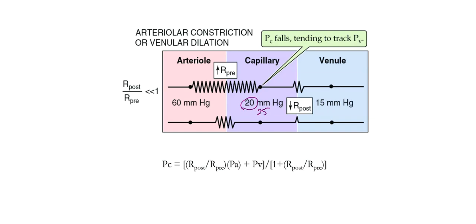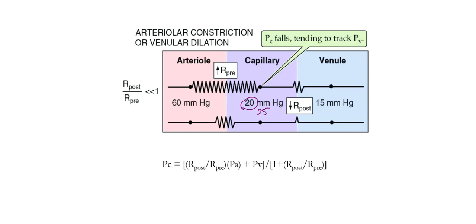If you were to ramp that up, that means that that blood entering the arterioles is going to pass through a bigger resistor, which means you're going to have a larger pressure drop. The pressure of the blood arriving at the capillaries is now going to be lower and more similar to what you see on the venule side.